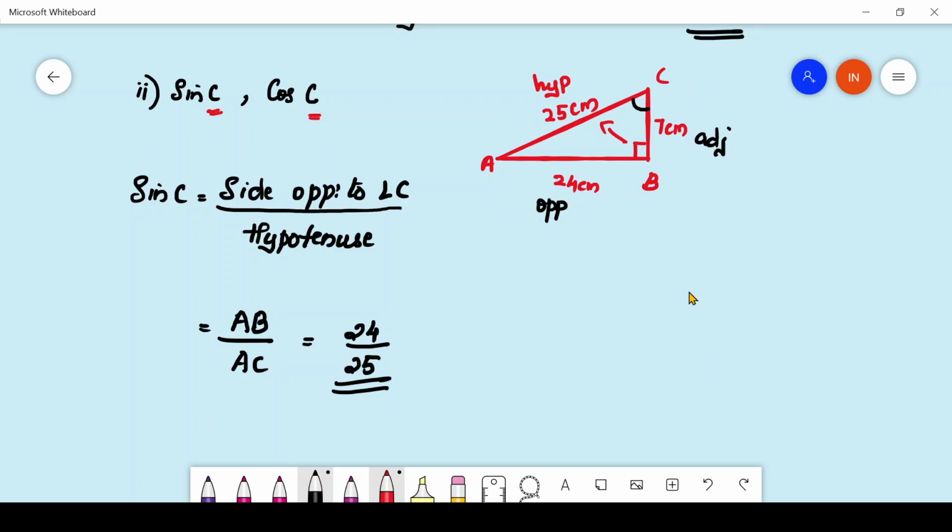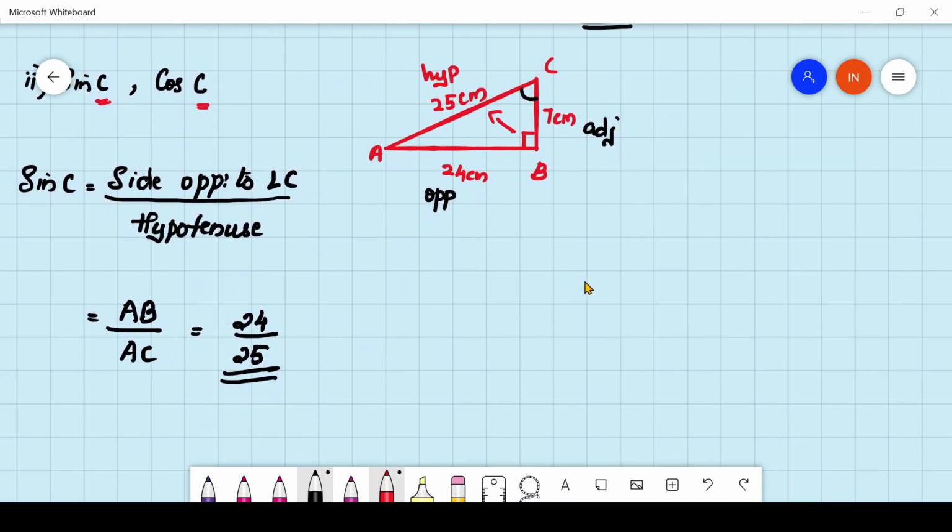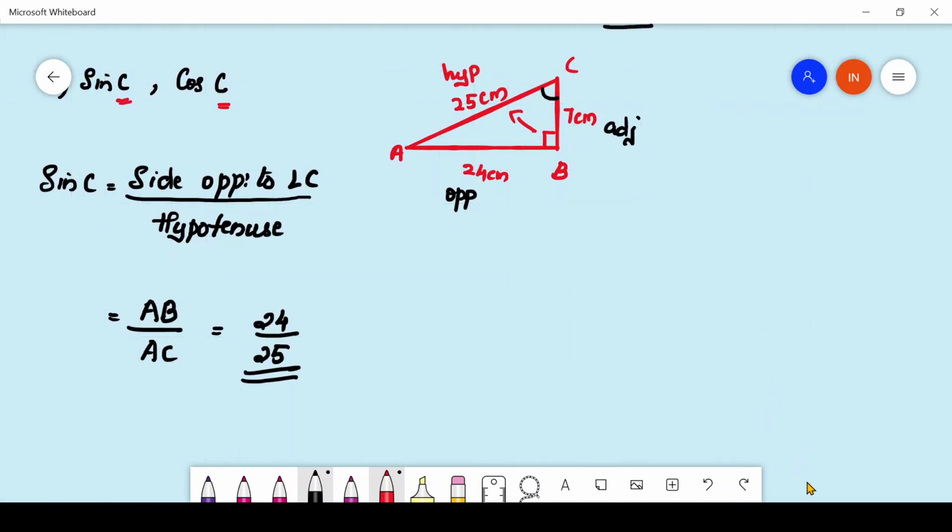Now we are moving ahead with cos C. So let us see how we can find cos C. Cos C is equal to, the formula, side adjacent to angle C by hypotenuse, right?